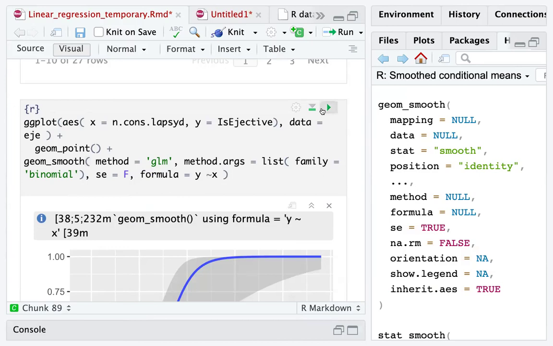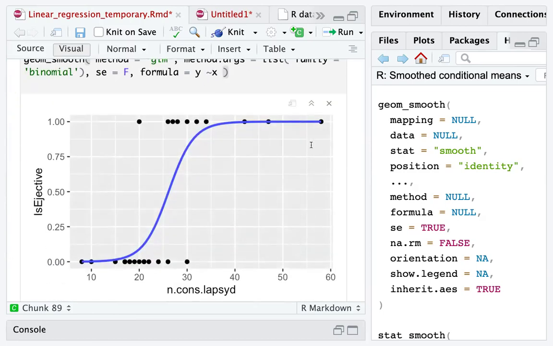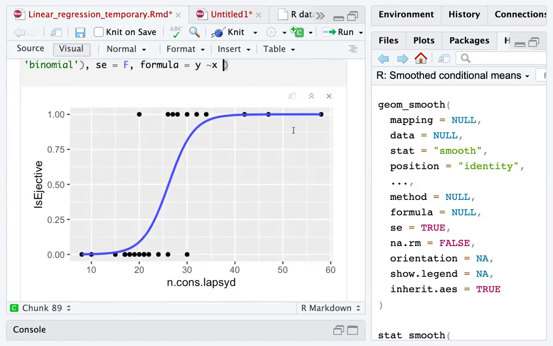This is the code with which you can do a logistic regression. And you see, this is the result. I mean, it makes sense. It's a good prediction in this case. I mean, of course, now we are not predicting, we are just fitting, but it fits pretty well.